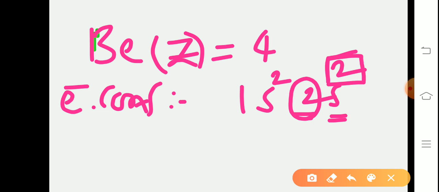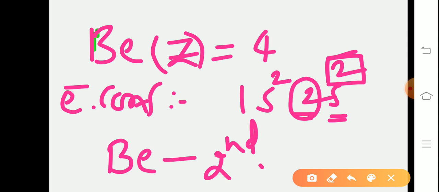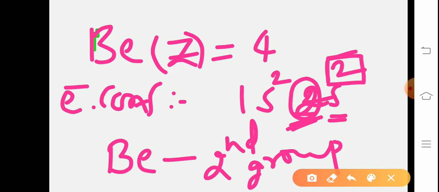So how many valence electrons are there? 2 valence electrons are there. So beryllium belongs to the second group, right? This n value, the main shell, represents its period.